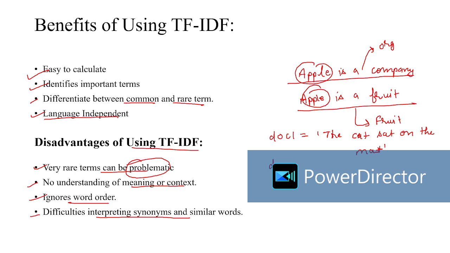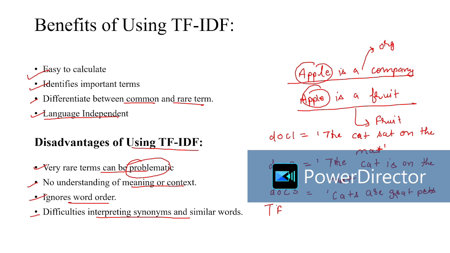Document two: the cat is on the mat. And the third document, document three: cats are great pets. So let's calculate the term frequency for cat.